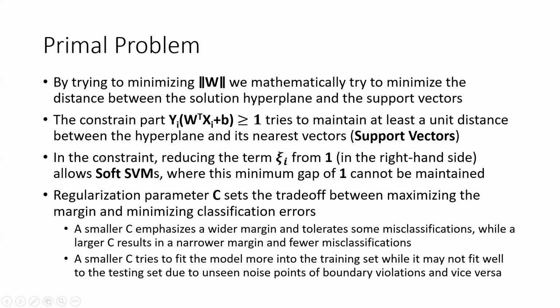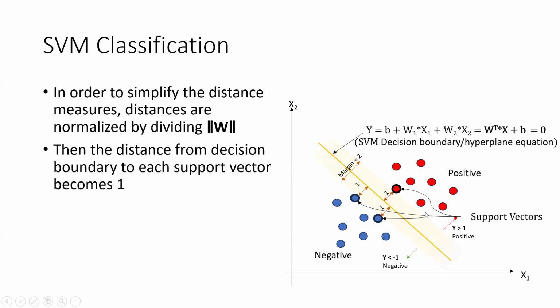So in these constraints, these psi i's are used for the data points that cannot maintain this distance, right?